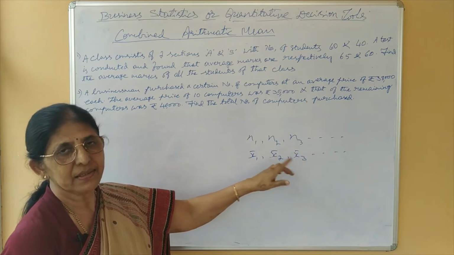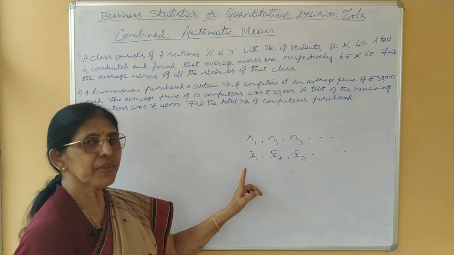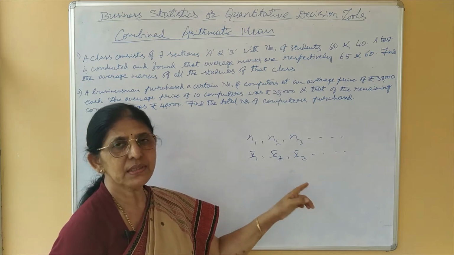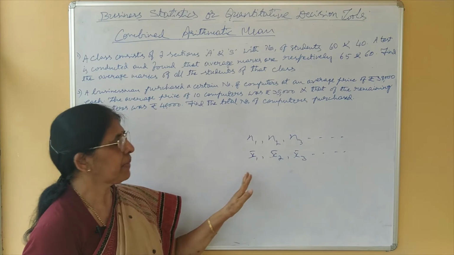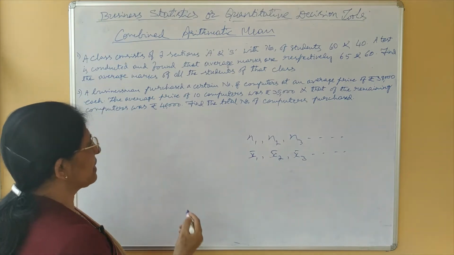That means the arithmetic mean of two or more series combined together is called combined arithmetic mean.